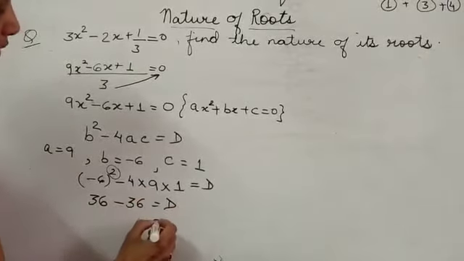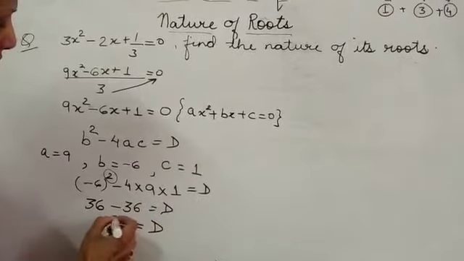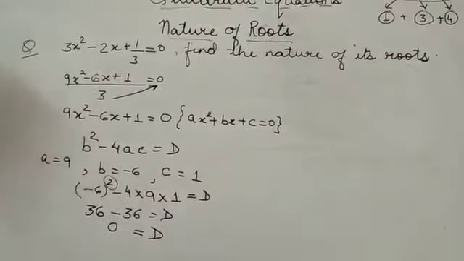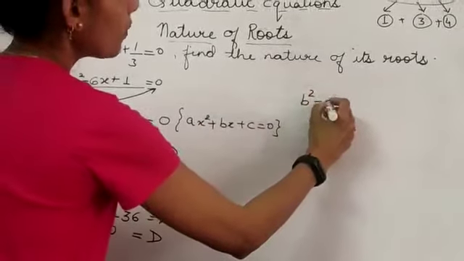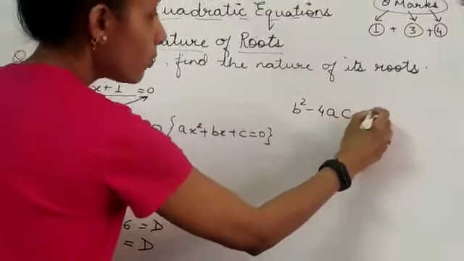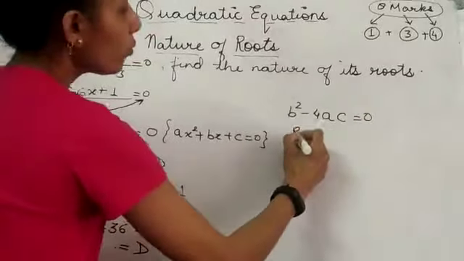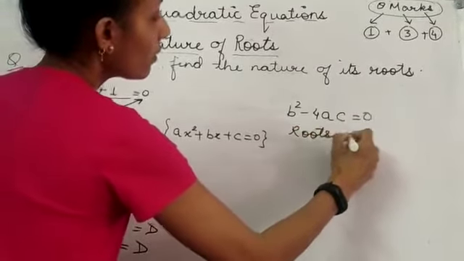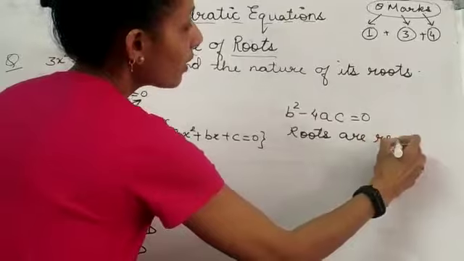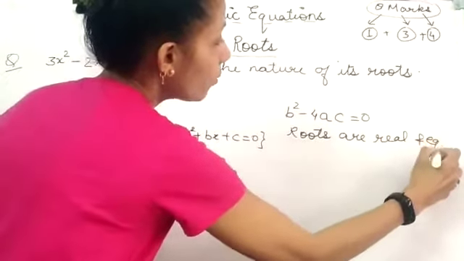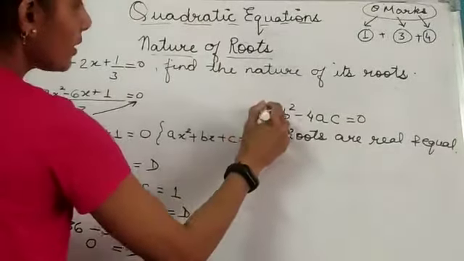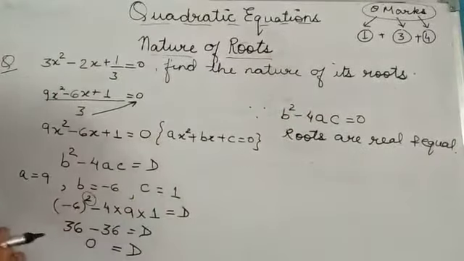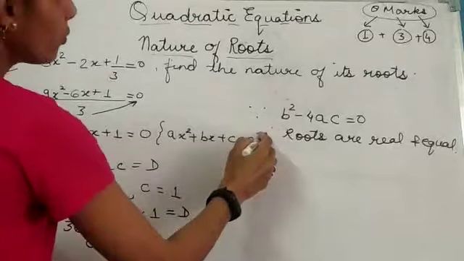So I am getting the value of discriminant as 0. That means I told you, when you get b square minus 4ac equal to 0, then the roots are real and equal.